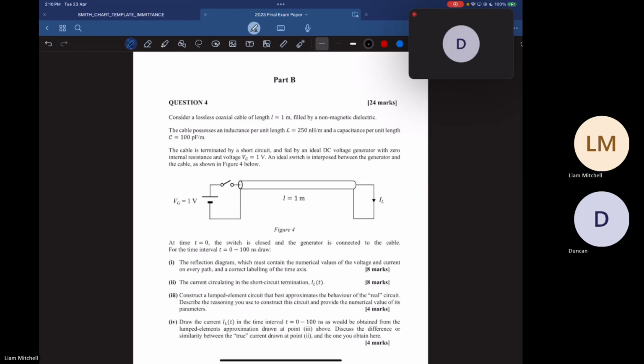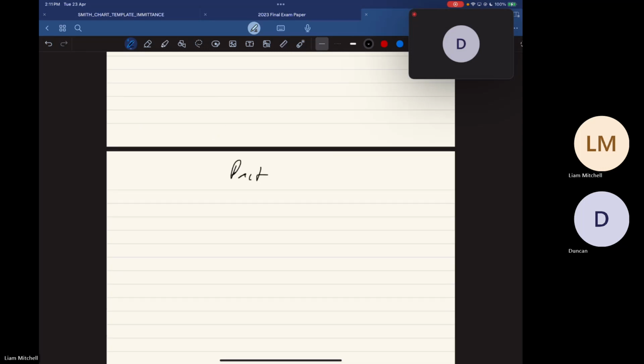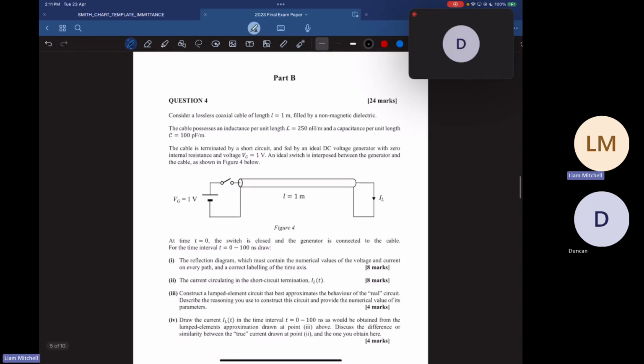Okay, so we are given that we have this thing, and it's shorted. At the input we have 1 volt, with a switch. We are given inductance per unit length, capacitance per unit length, and we are given that the material is non-magnetic. And then we need to draw all reflections and an output current over time from 0 to 100 nanoseconds.